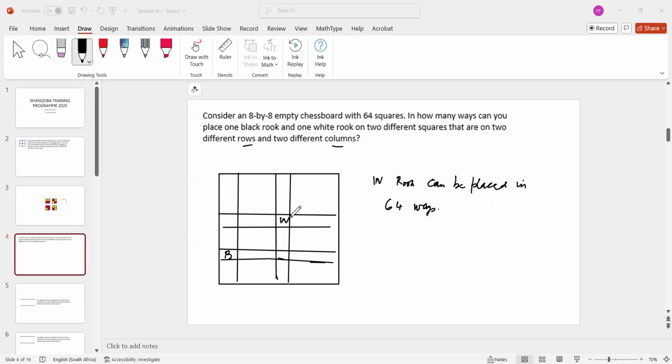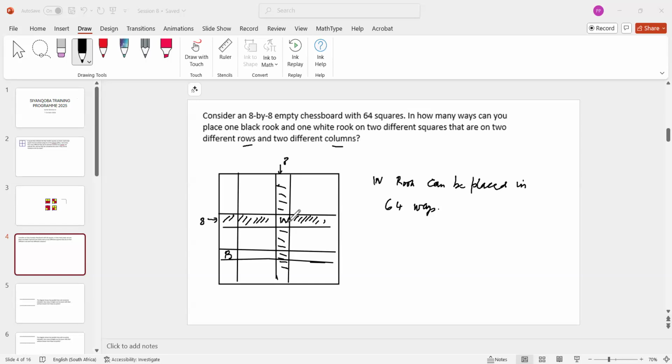Right, so once I place the white rook, now I have to place the black rook. And now the black rook can't be placed anywhere here or anywhere here. You're not allowed to place it in the same row or the same column. So now it means you have to place it elsewhere. You're not allowed to use any of these squares. Now, how many squares are missed out? There are 8 in this row, and there are 8 in this column, right?